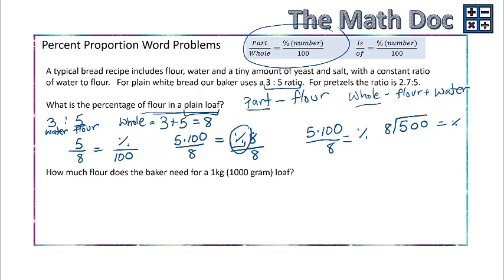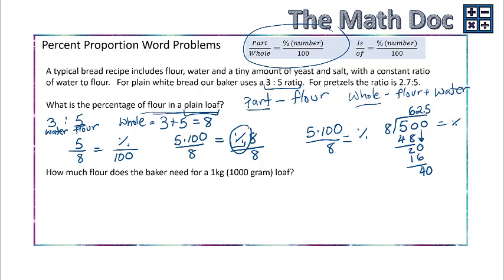What is 500 divided by 8? Let's do that on the side here. 50 divided by 8 is 6. 6 times 8 is 48, so we have 2. We bring down our 0. 20 divided by 8 is 2. 2 times 8 is 16. We have 4. Let's add another 0, put in a decimal point, and now we have 40 divided by 8, which is 5.